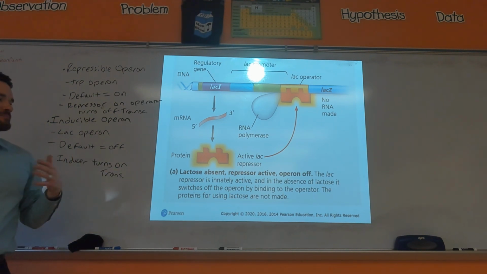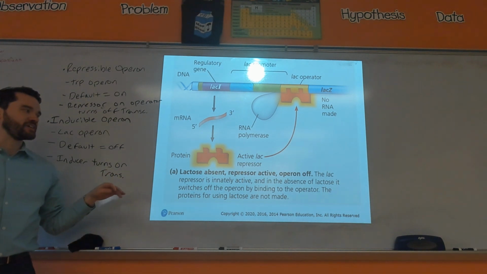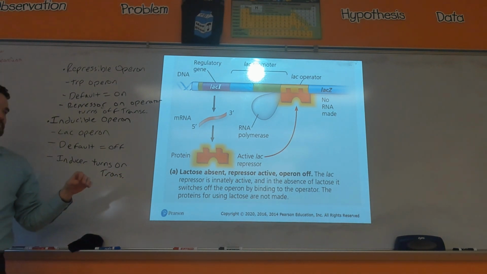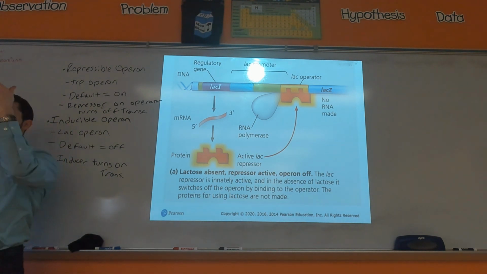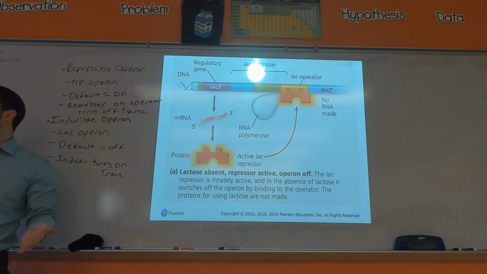Some people, like me personally, have some issue with lactase, where lactose can cause some digestive issues. Anyways, if you're a bacteria, you can use lactose to get energy out of it. Now you need to make the enzymes to break down that lactose. So here's the deal: if there's no lactose, why would you make the enzymes to break down lactose? Like, if you're not driving anywhere, notice how all the cars out here are off. That's because you're not driving them.